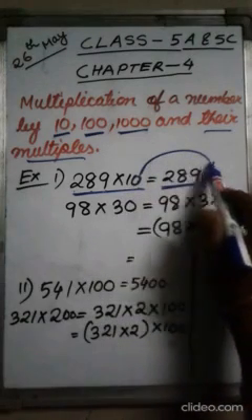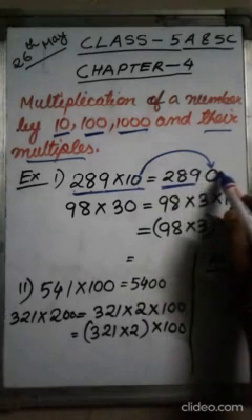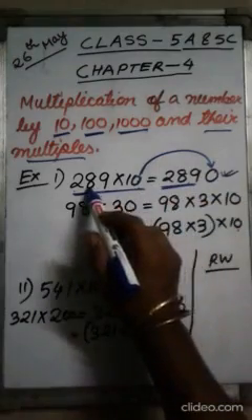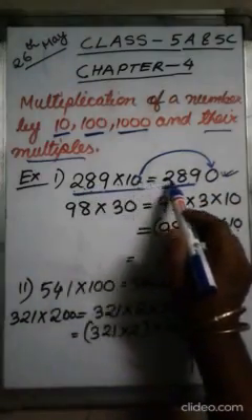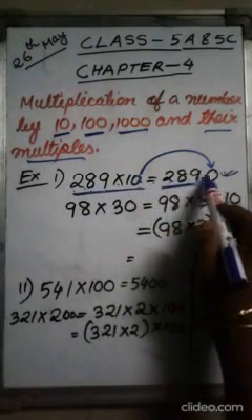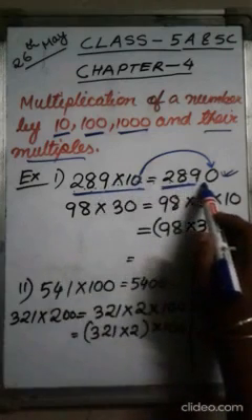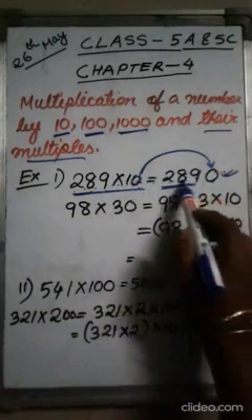So this 0 we shall write at the last place of the number. So 289 into 10 is equal to 2890. Just add the 0 at the back side of the number.